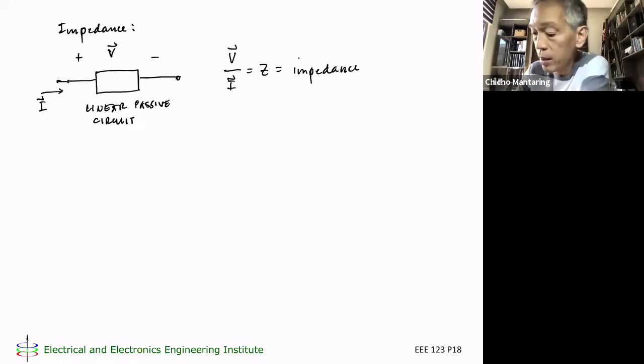Okay. So again, this is a linear passive circuit. I have a phasor voltage across it, a phasor current flowing through it. The ratio of V over I is called my impedance. V is equal to I times Z. This is similar to Ohm's law, in quotes, because that is not the real Ohm's law.